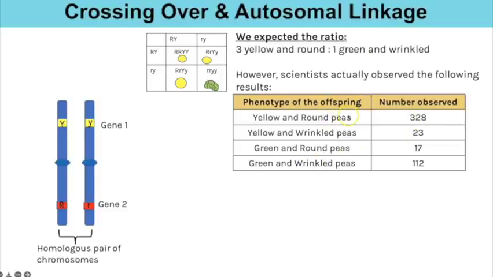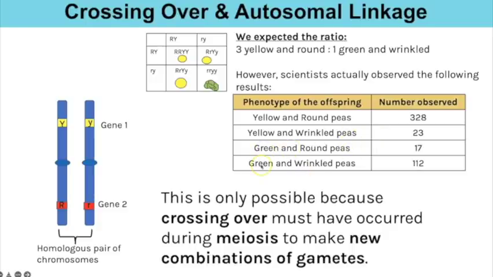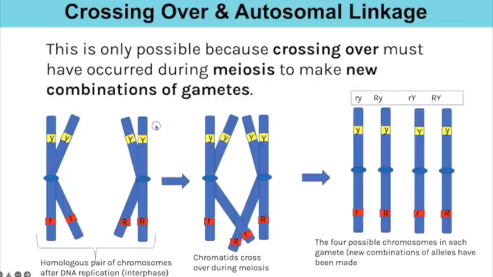And we can see we mainly had yellow and round, and the least common was the green and round. And this is only possible because crossing over has occurred to create new combinations of gametes. So not just these 2 gametes that we said would be possible, new combinations have been made, so there's now actually more gametes.